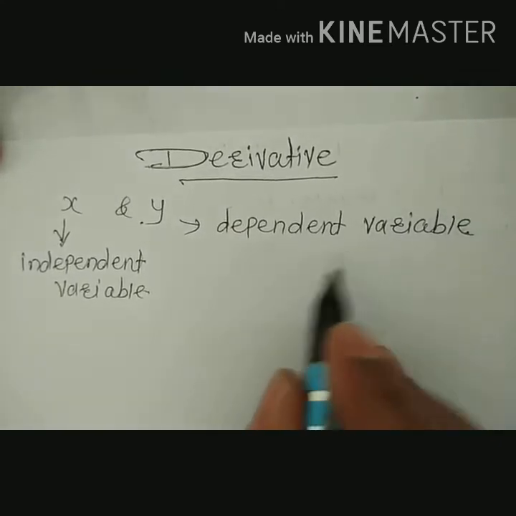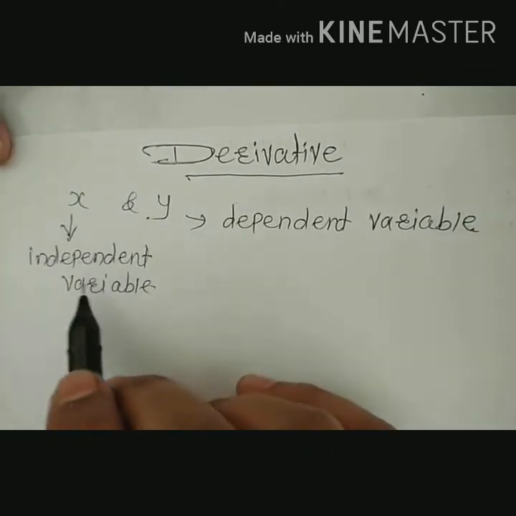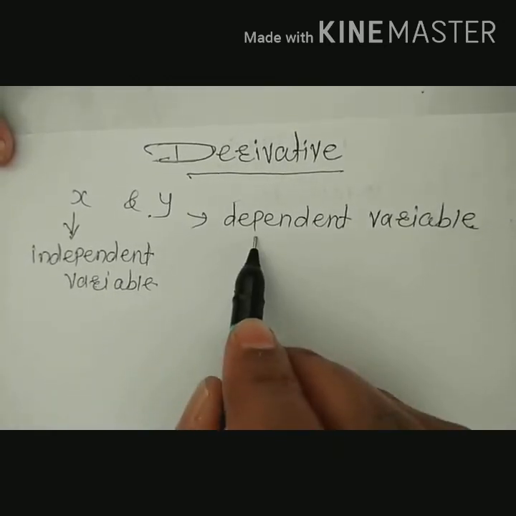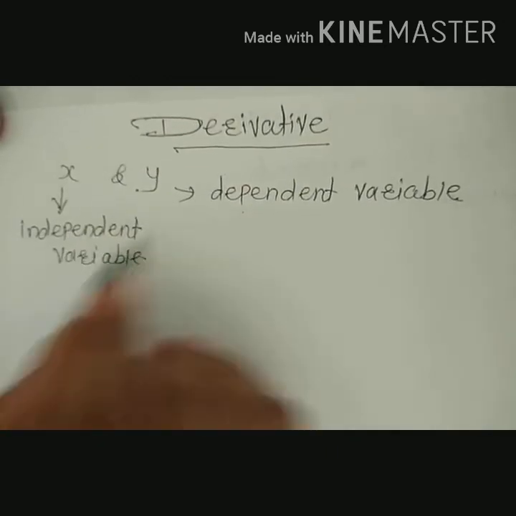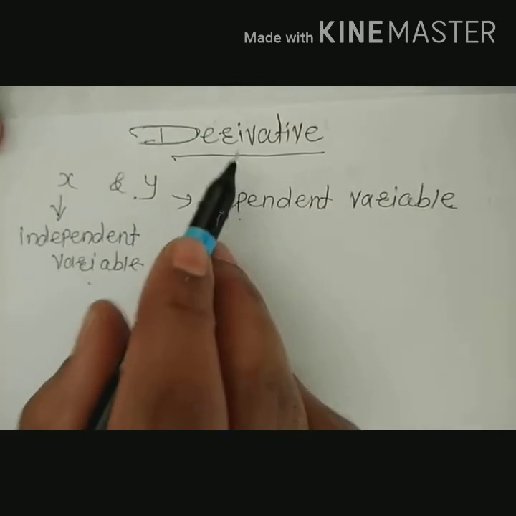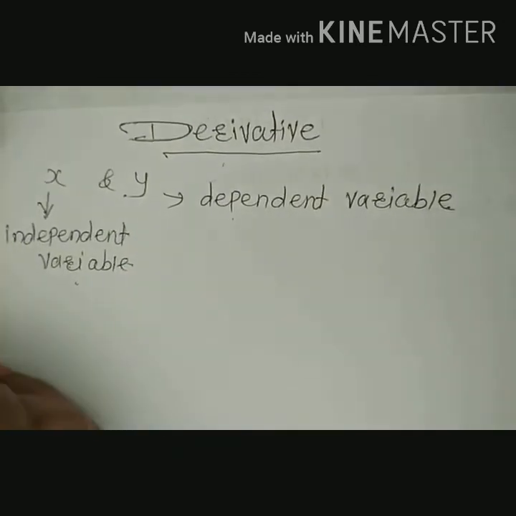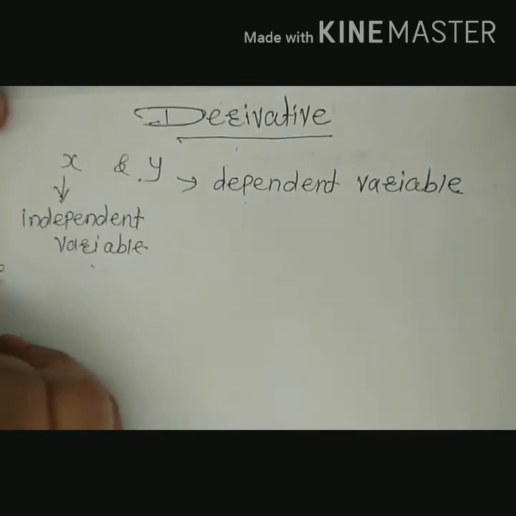In the first video on functions we saw what the independent variable is and what the dependent variable is. Here these two variables are used in derivative.